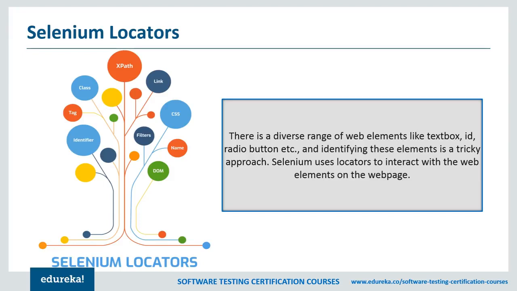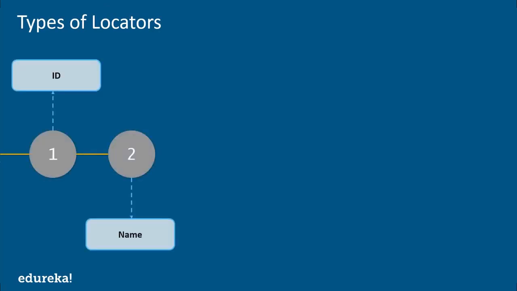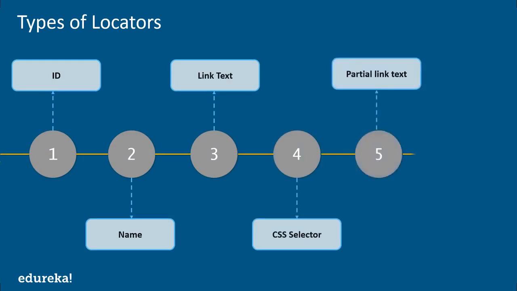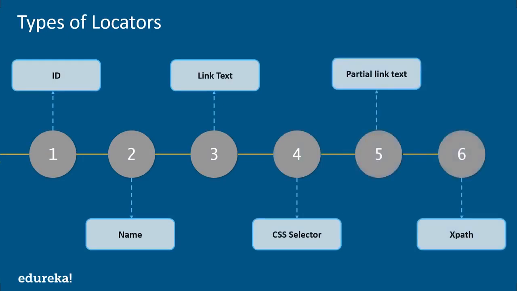So there is a diverse range of web elements like text box, ID, radio button, etc. And identifying these can be a tricky approach. So let's see what the different types of locators are that can be used to locate a particular web element on the web page. So we have ID, name, link text, CSS selector, partial link text, and XPath.